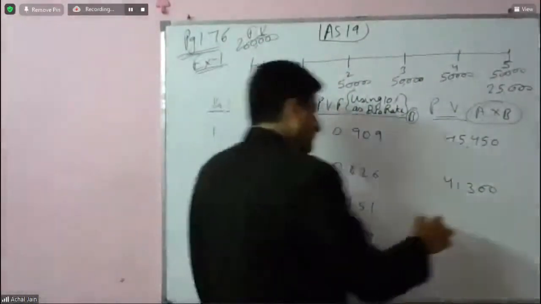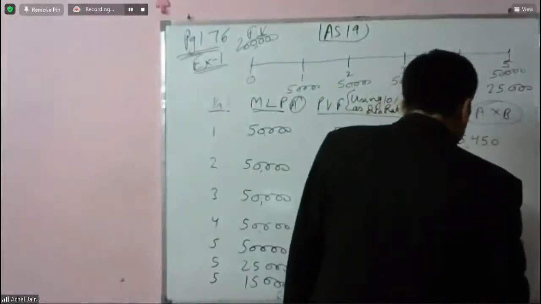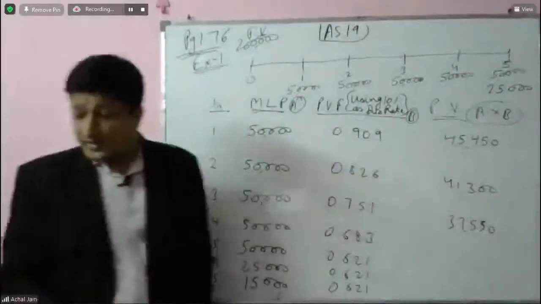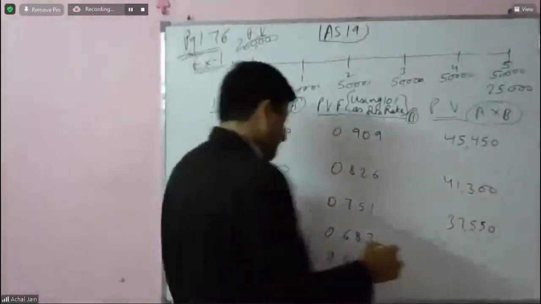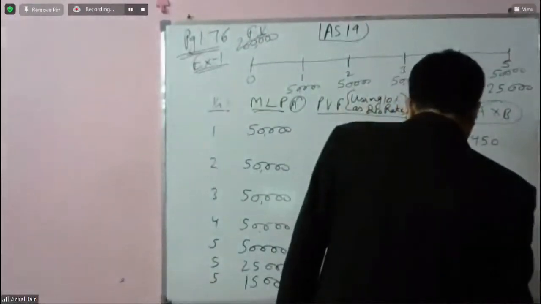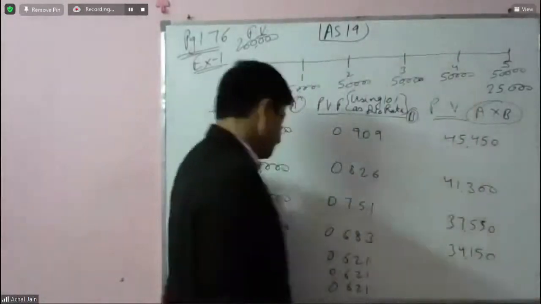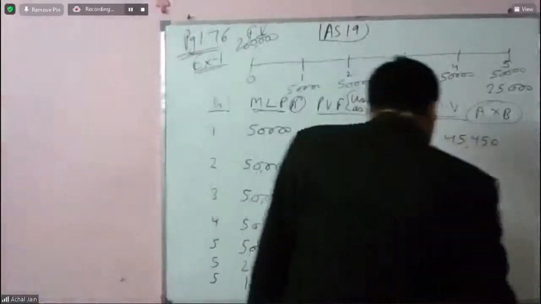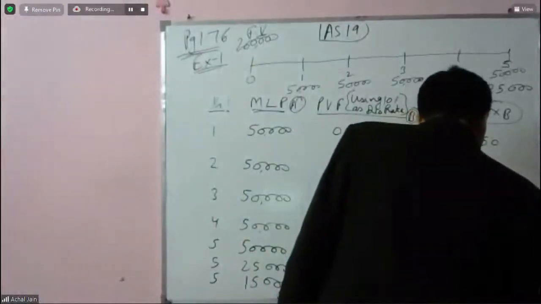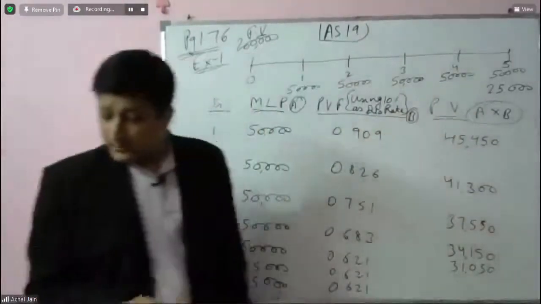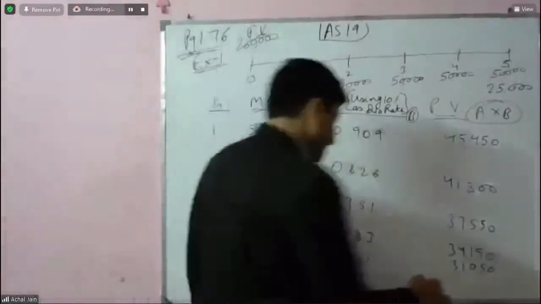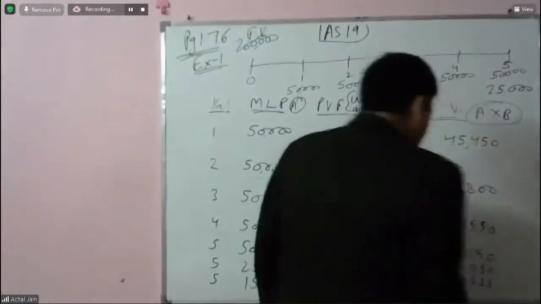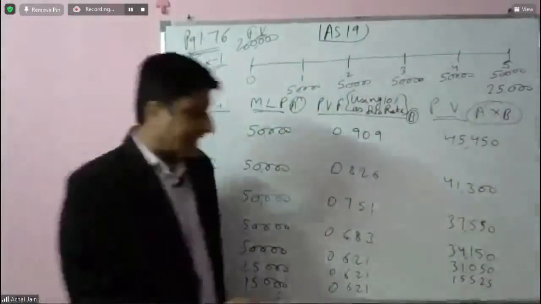That is 7,550. Then we have 34,150. Then we have 31,050. Then we have 15,525. Then we have 9,315.